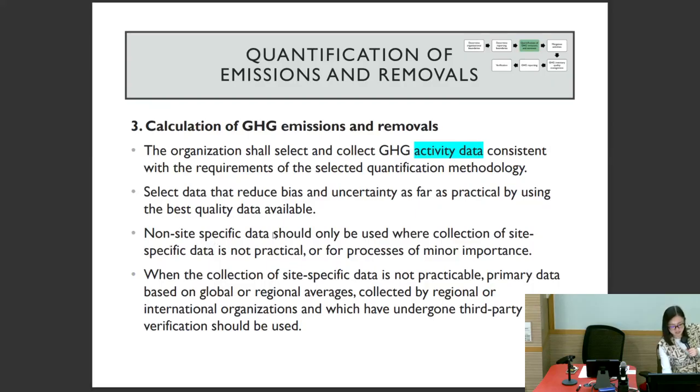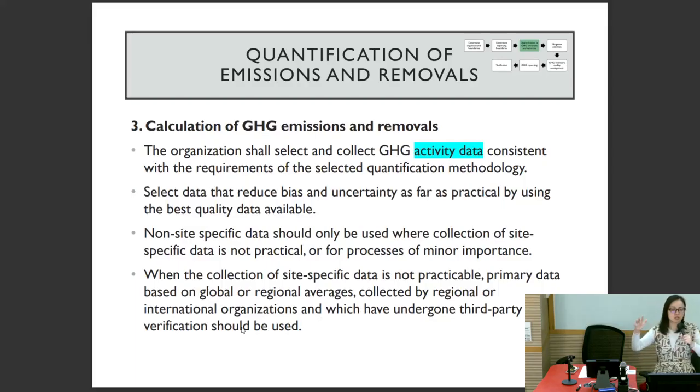Non-site specific data should only be used where collection of site-specific data is not practical and for processes of minor importance. When the collection of site-specific data is not practical, primary data based on global or regional average collected by regional or international organizations and which have undergone third-party verification should be used.